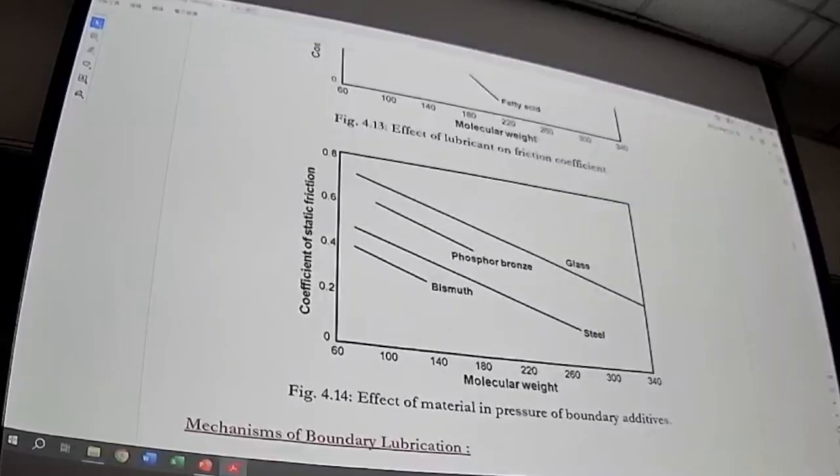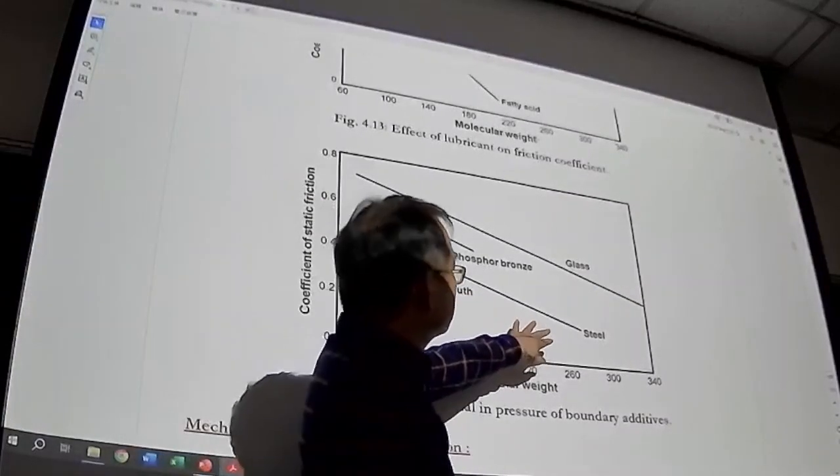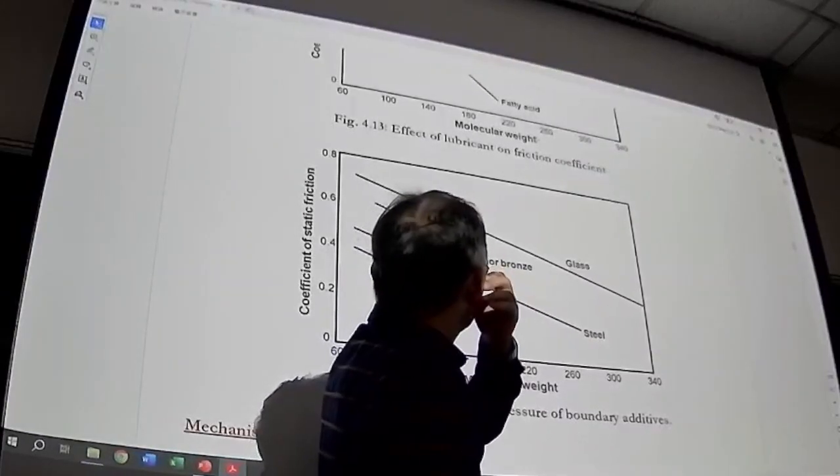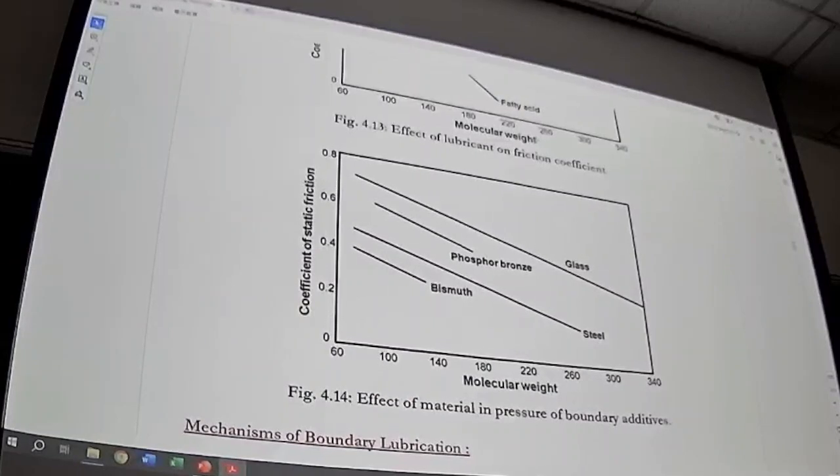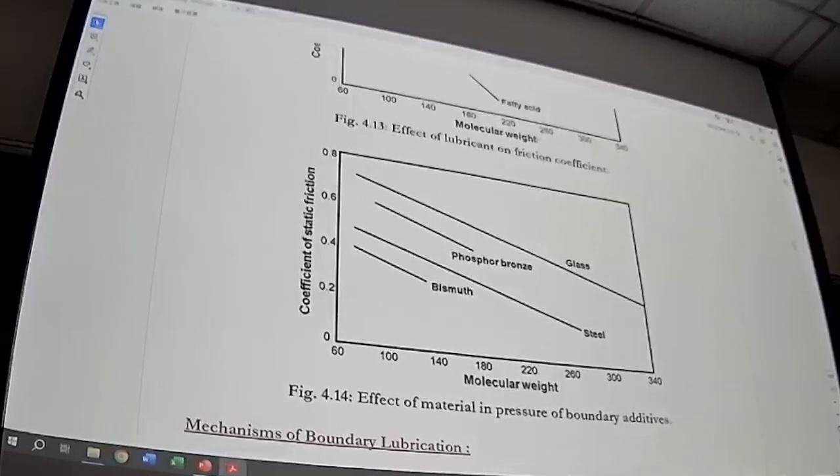The second experimental result is for glass, steel, phosphor bronze, and bismuth. So this is the experimental result.